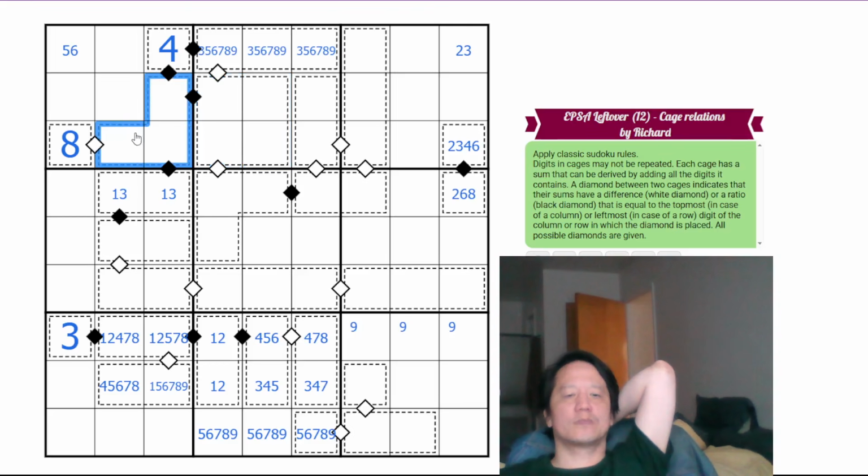Or 16, what if it's a 2-to-1 ratio? 16 divided by 2 is 8, which 4 unique digits cannot add up to. 16 times 2 is 32, which 4 digits cannot add up to either.